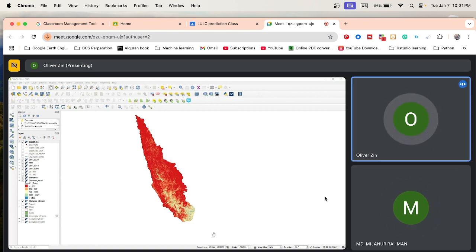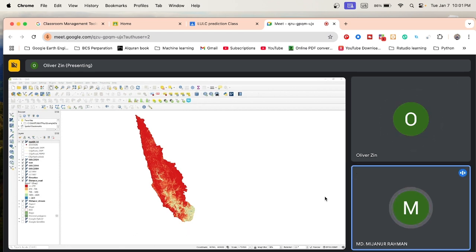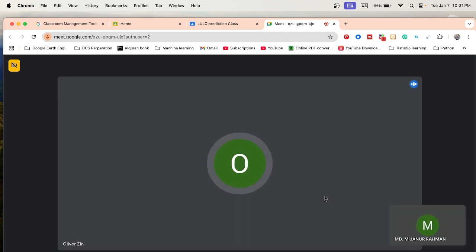Can you see the monolith network? No, map, no, QGIS, no, first map. No, sir, I think I have to choose this one. How to share?